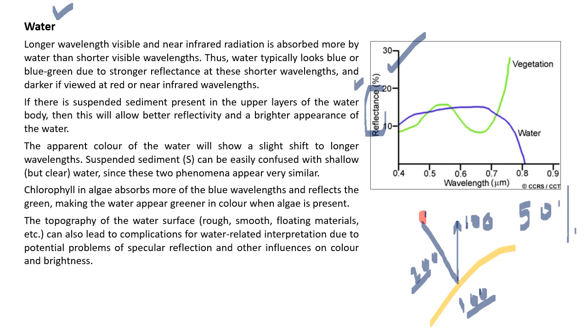So if you see the water, this is the graph of water here. This is the reflectance from water. This is the blue energy, this is the green energy. You remember the bands I told you before, and this is the red energy, and this is the infrared energy.